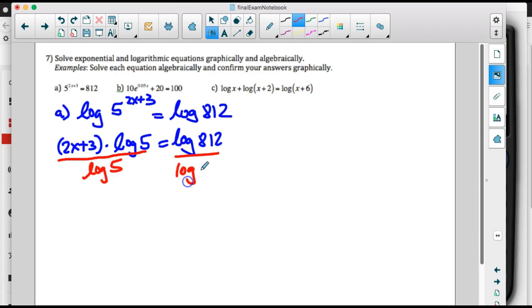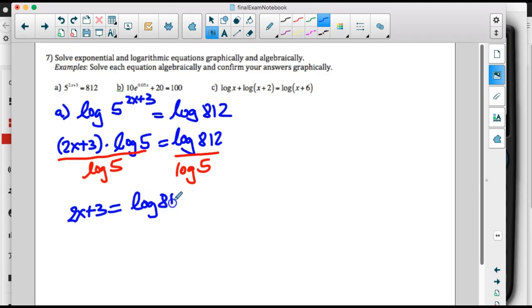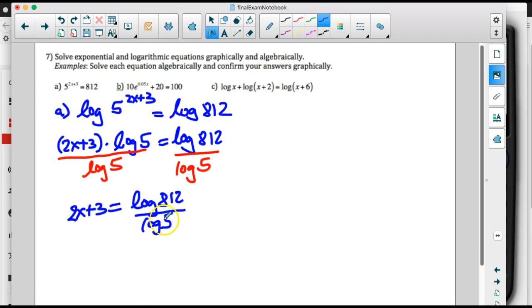log base 10 of the number 5. And in that case, we're going to get 2x plus 3 equals log 812 divided by log 5. Okay, and then what I would do is subtract 3 from both sides.